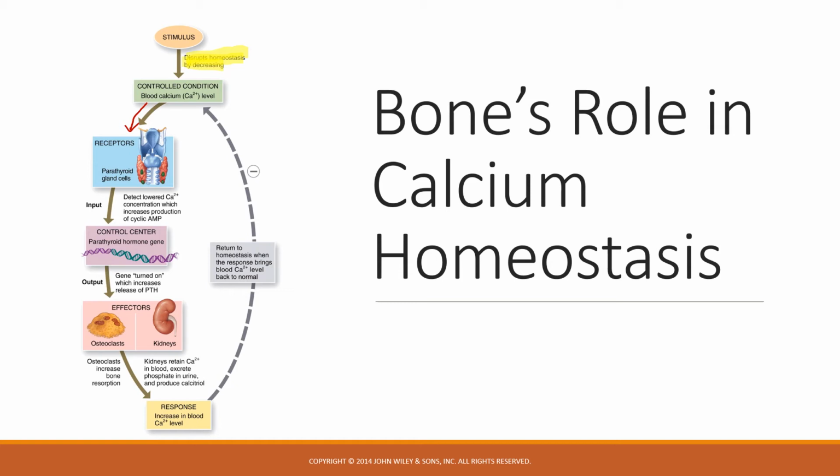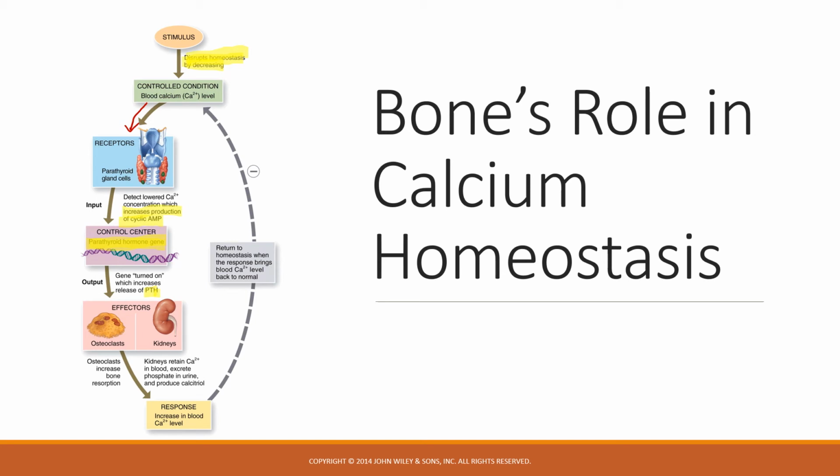They'll detect that decreased calcium concentration in the blood, and this increases production of cyclic AMP, which is a messenger molecule. This sends the information to the parathyroid hormone gene, which is turned on, increasing the release of parathyroid hormone into the bloodstream.